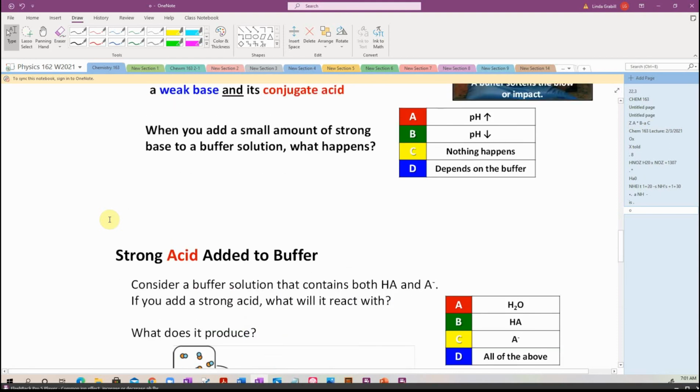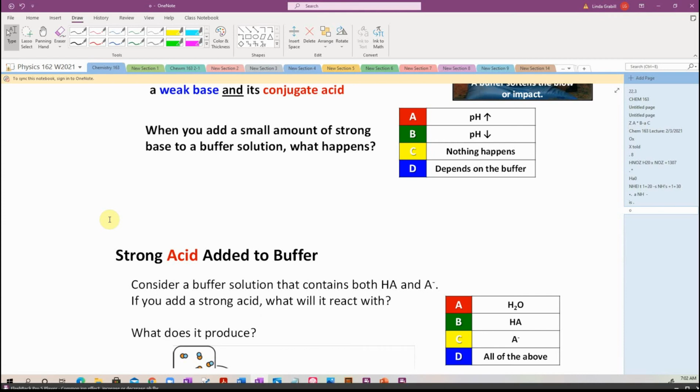So if I add a strong acid to a buffer solution, what's going to happen to the pH? Well, just like adding the strong base to the buffer solution, adding the strong acid to the buffer solution is still going to decrease the pH, but not as much.